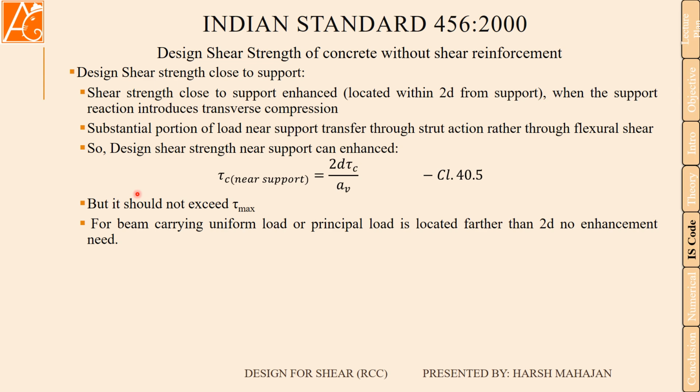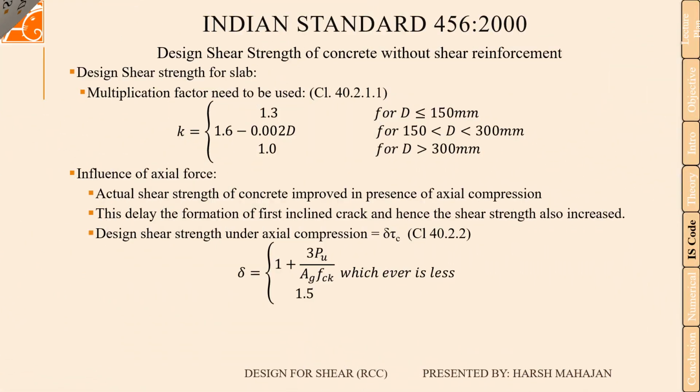A substantial portion of the load near the support is transferred by strut action rather than through flexural shear. That's why it enhances the tau c strength of the concrete, which equals 2d tau c by av. It should not exceed tau c max. We will discuss tau c max in the later slides.